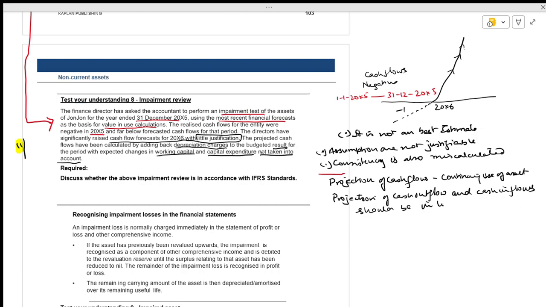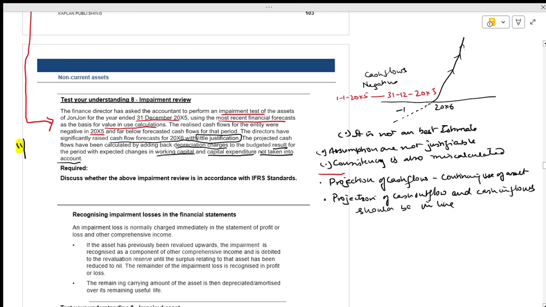I can put it like this. Now you can understand how it is going to be. When we are making cash outflows, it should be very clear.